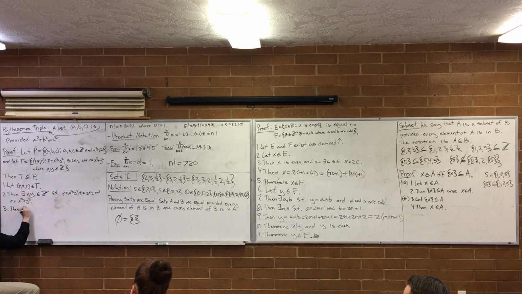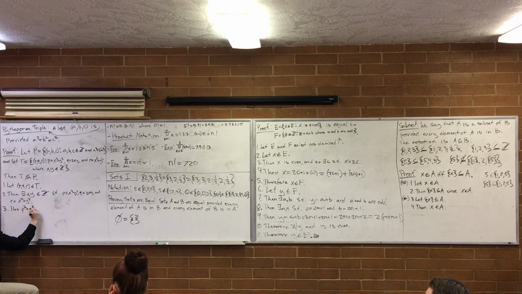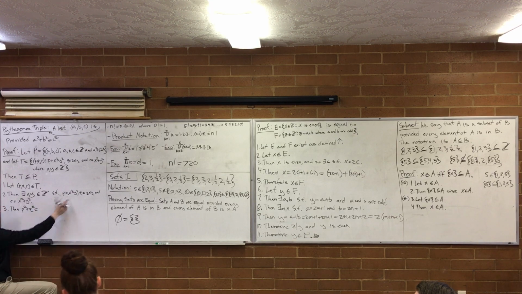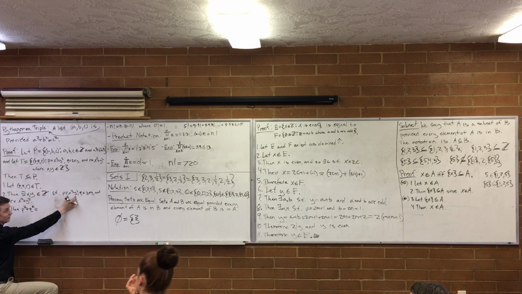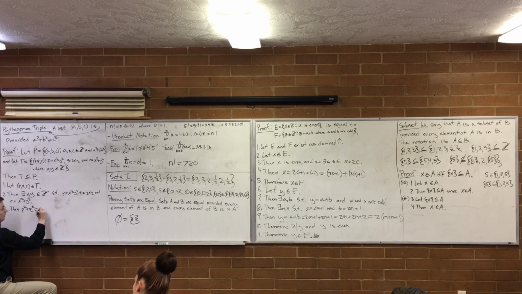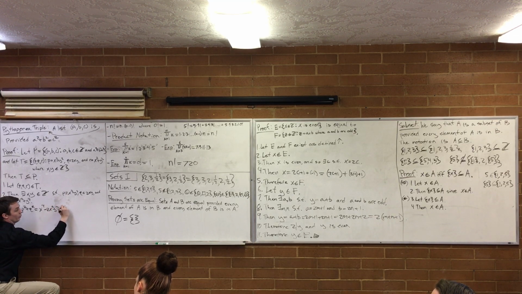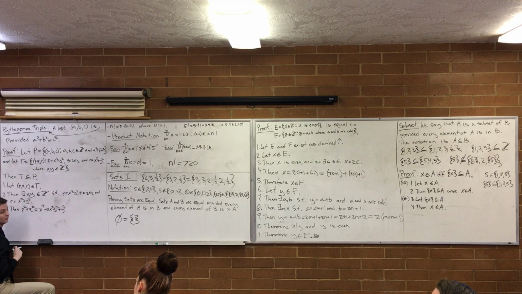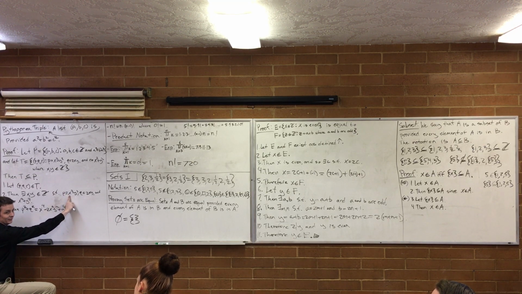Then P squared plus Q squared is equal to, let's see, what's P squared? It's this squared. Can you do that in your head? No. x to the 4 minus 2x squared y squared plus y to the 4. You do that times that.